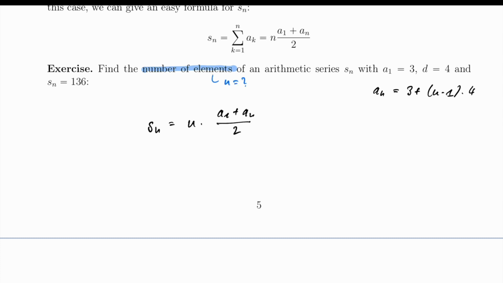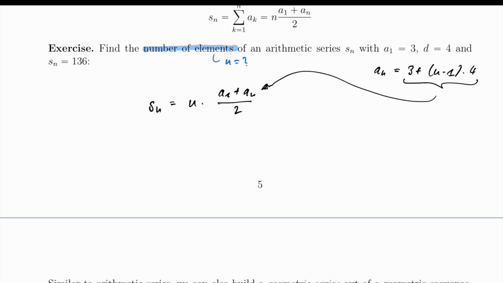And here what you can do, and that's often a very classical trick that you saw in the exercises, is that you take this explicit formula for an and plug it in here for an.